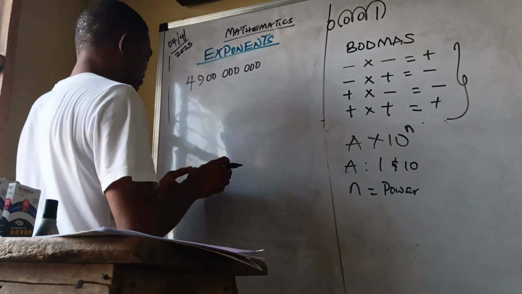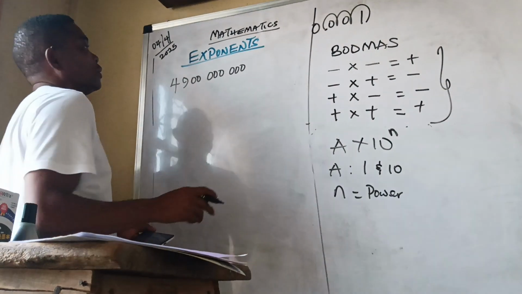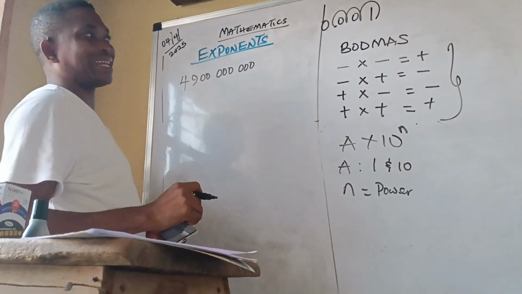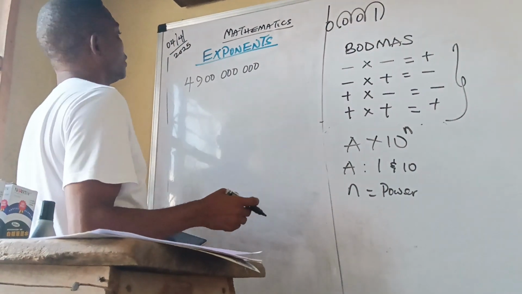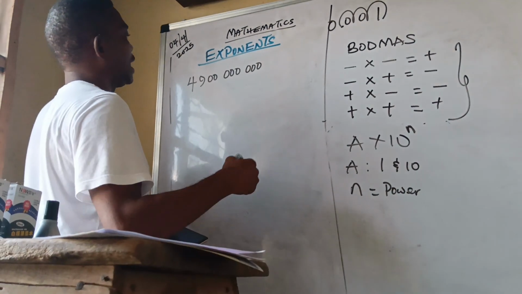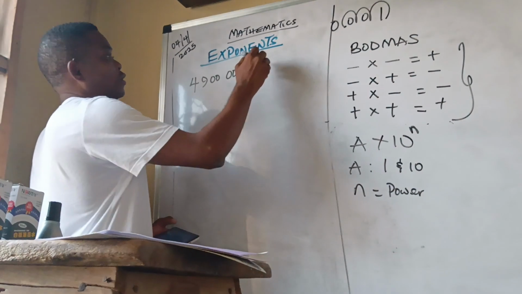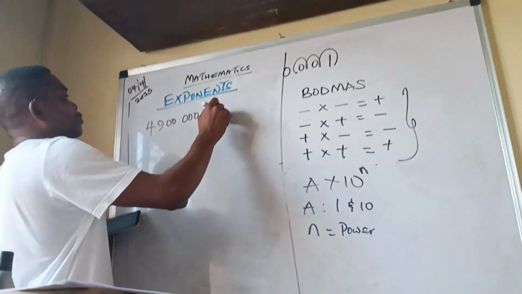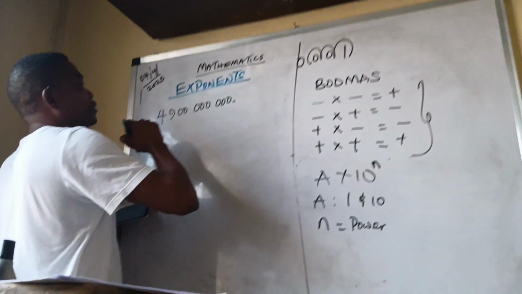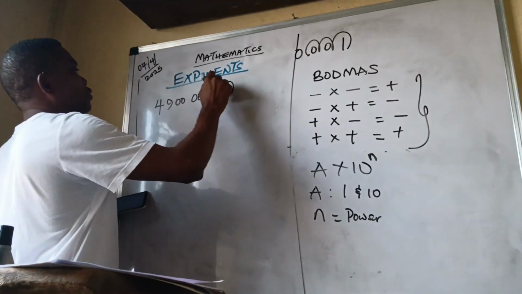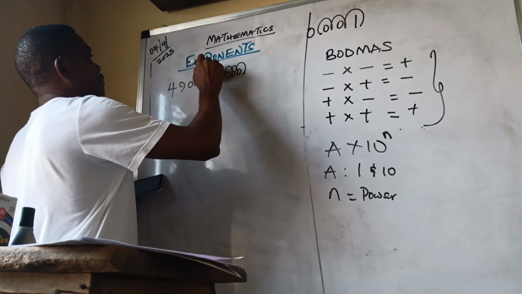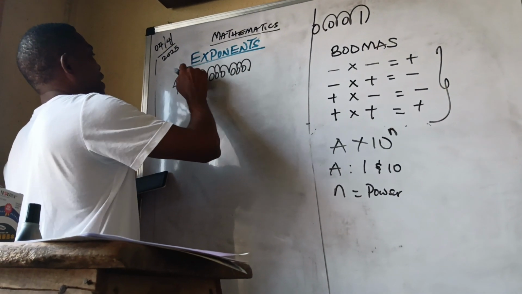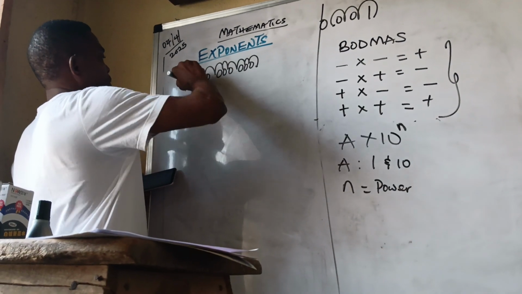If you are to write this in scientific notation, or what we call standard form, that's another name for it. Either it is a scientific notation or standard form. So we have to move this. There's an imaginary point there. Let's move it until we get to the second to the last number. 1, 2, 3, 4, 5, 6, 7, 8, 9. So the point is now here.